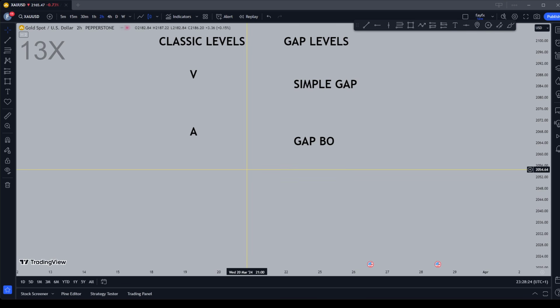So when we combine the levels we are going to use and the confirmation candle, we find that we have not only three levels, but we have six levels. What are those six levels?